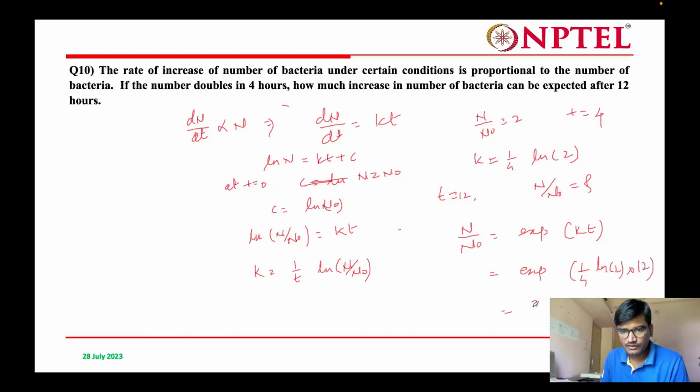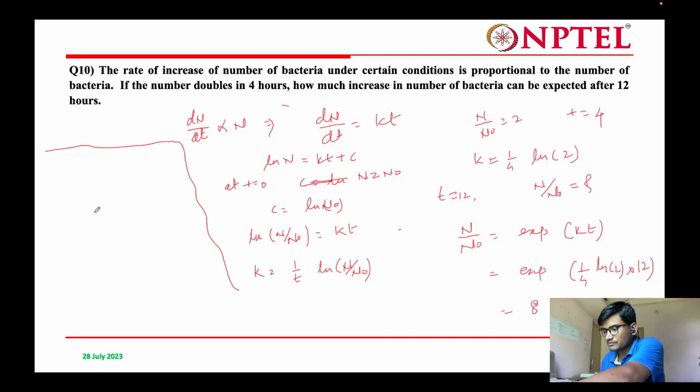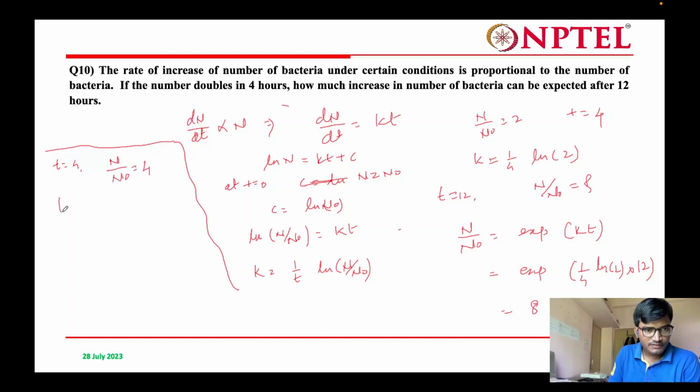There is another approach to solve this, where at t equal to 4 hours N by N naught is 2.